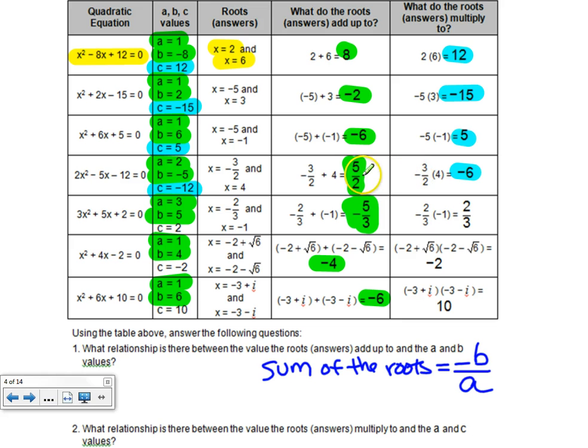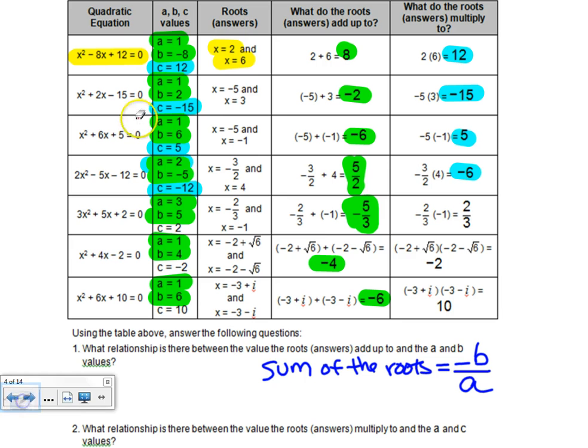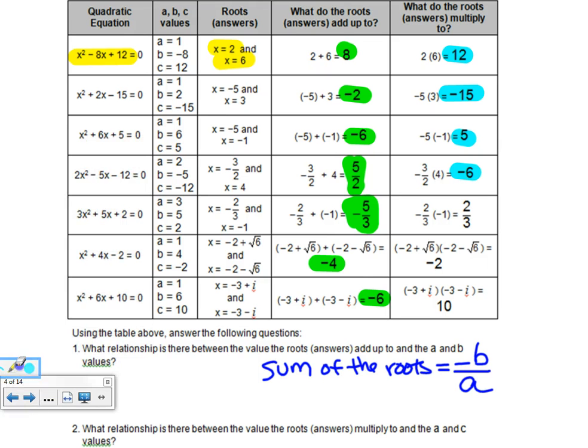The same relationship as with the sum is involved here. This product value is actually dependent upon the c value and also the a value. So let me erase these. So it's actually a relationship between the a and c values.